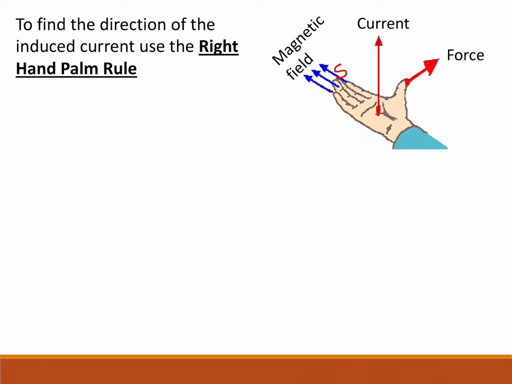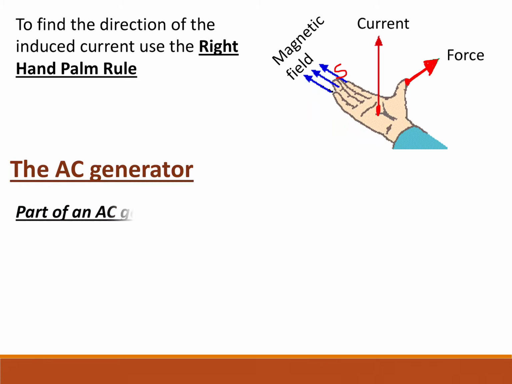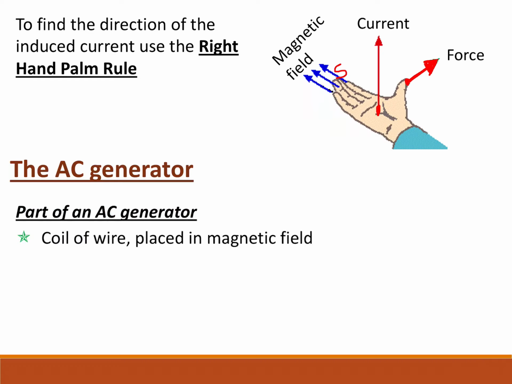So when we look at an AC generator, it has a whole bunch of parts. They have a coil of wire placed inside the magnetic field. We'll do a diagram in a second. There are slip rings. This connection is incredibly important, because it's the slip ring, compared to what we use in a commutator in a DC generator, that differentiates the type of current we're going to get.